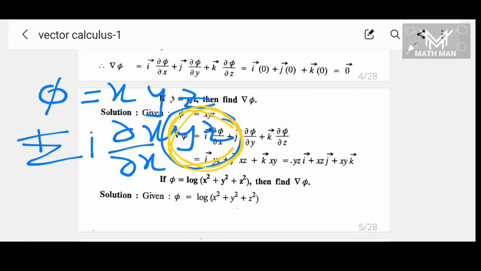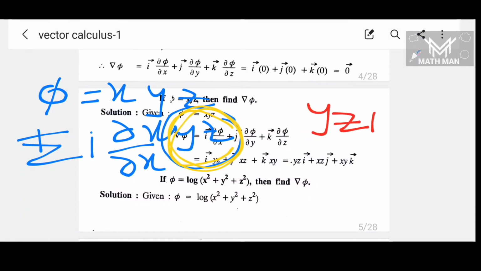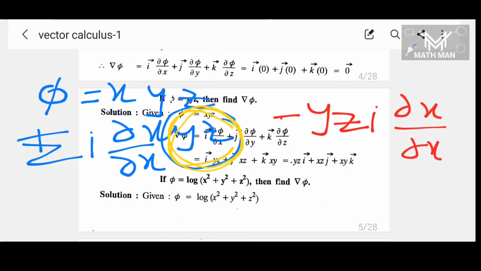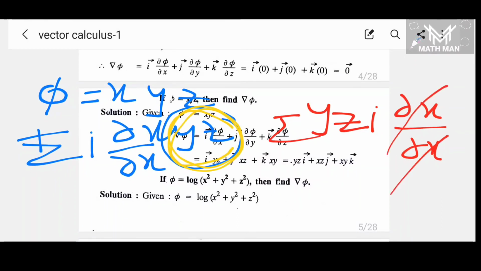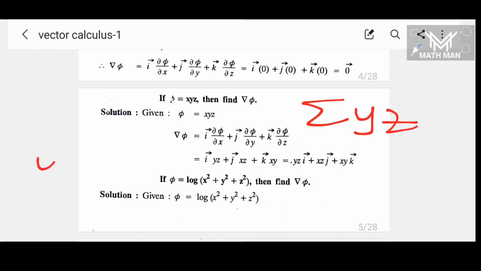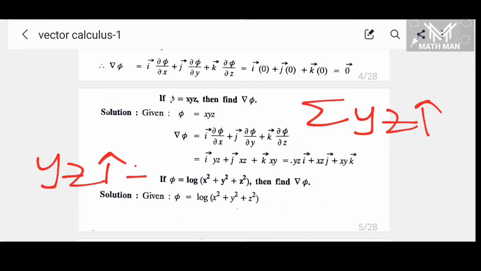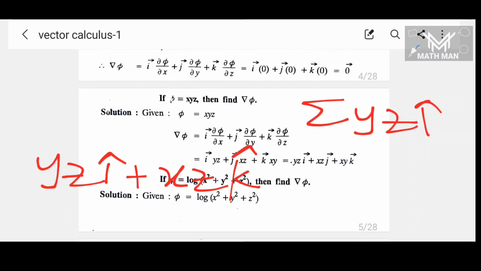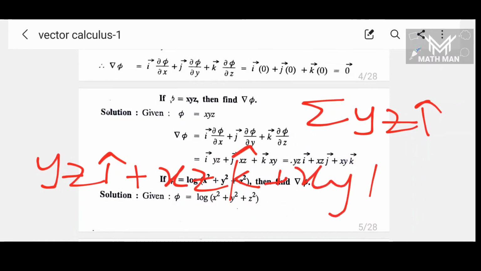We get yz i, dx by dx, sigma will be here, don't forget sigma, and we get sigma of yz i cap plus xz j cap plus xy k cap.